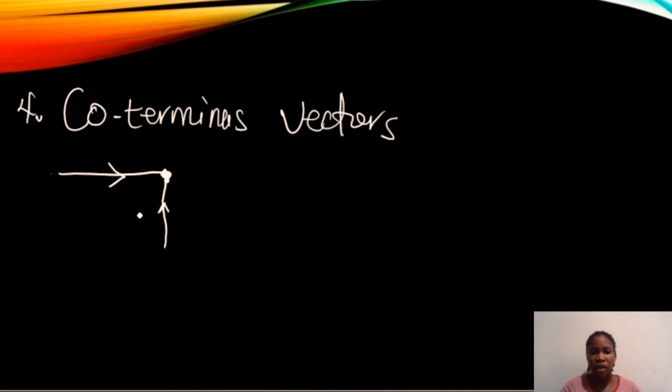So these two vectors will be called coterminous vectors because both of them are coming to the same point. They are ending at the same point, and hence they are called coterminous vectors, which is a type of vector.